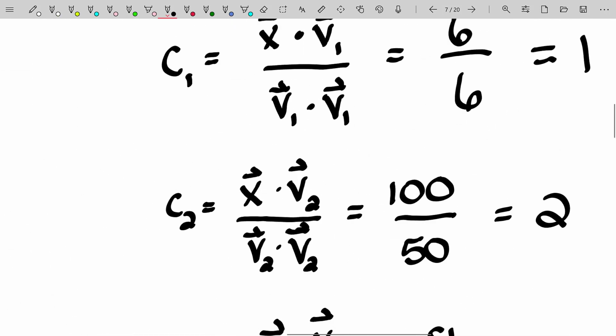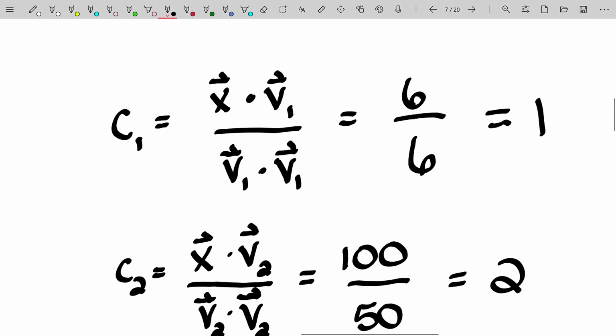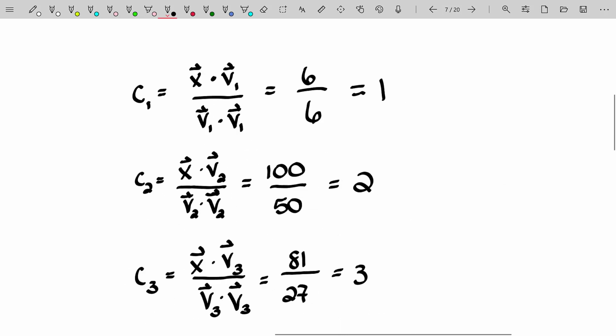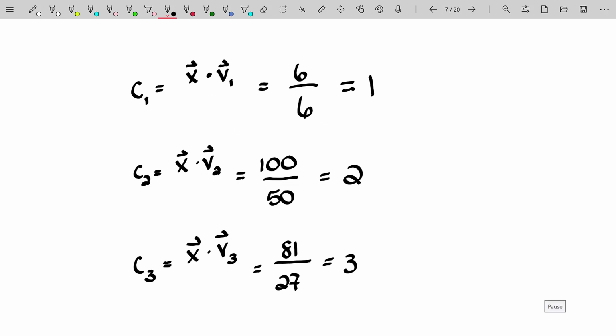However, these denominators, which are the magnitudes of those basis vectors squared, if they're all unit vectors, the magnitudes are 1. And so if our vectors were not only orthogonal, but normalized, unit vectors, then your solutions are as simple as that.